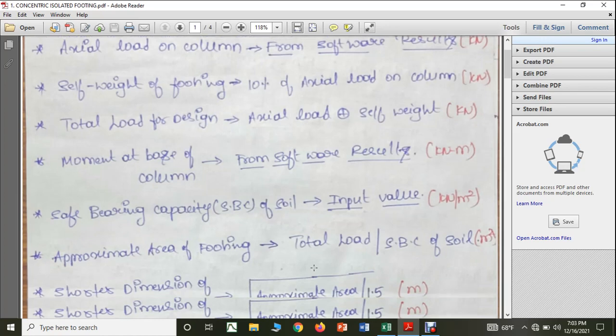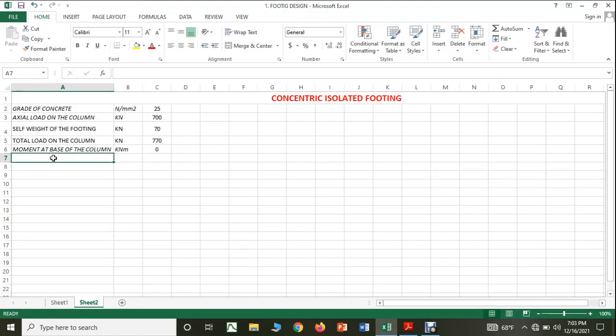Then next you have the safe bearing capacity of the soil, that is also an input in kilonewton per meter square. You have to get it from the site inspection. So therefore I can write safe bearing capacity of soil, which will be in kilonewton per meter square.